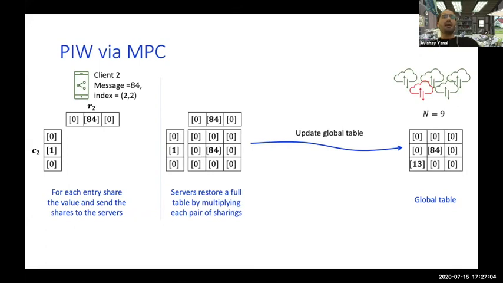So it is clear now how to obtain a blind message with size square root of n. And the blind message size is actually the communication complexity between the client and the servers. However, note the communication complexity between the servers themselves for obtaining the full matrix of a single client is order n.